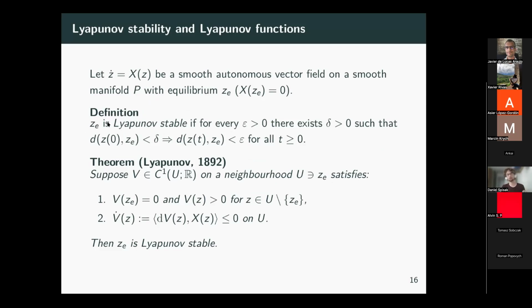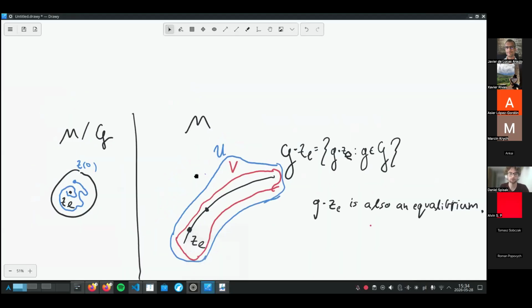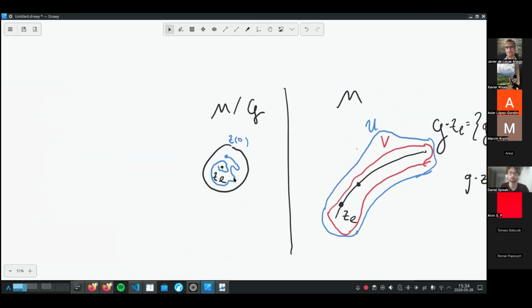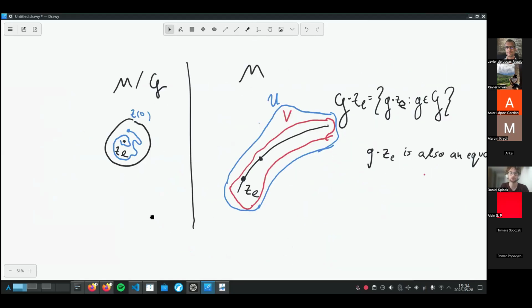We say that the equilibrium is Lyapunov stable if for every epsilon greater than 0 there exists delta greater than 0, such that the distance of the solution at 0 from the equilibrium being less than delta implies that for all t the distance is also less than epsilon. So basically this definition says, if we have a point near the equilibrium, it will stay in the close neighborhood of the equilibrium.